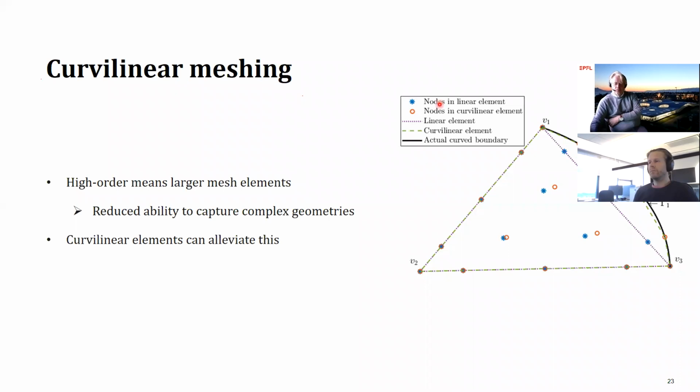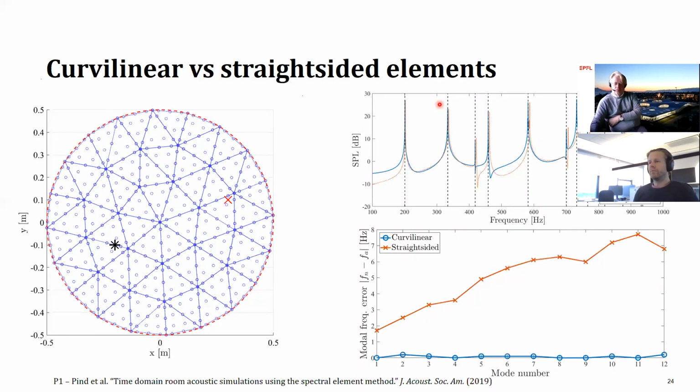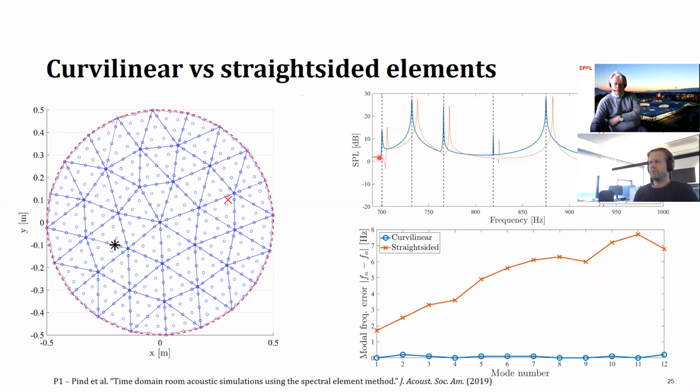We did some tests on this, and this is one example where we simulated a disk, so a curved geometry, and look at the frequency response between the source and the receiver. And when we look at the frequency response, particularly here in the high frequency range, so let me zoom in there, then we see that when we use the curvilinear mesh elements, we indeed hit the true resonance frequencies of this disk.